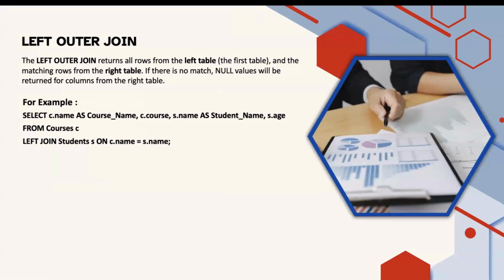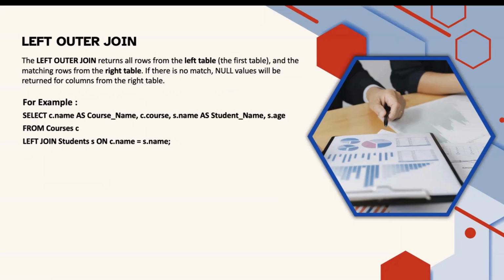The advantage of using the left outer join is when you want all the records from the left table, you are not much concerned about the right table data, but you need some common rows from the right table also. In that case we use the left outer join.